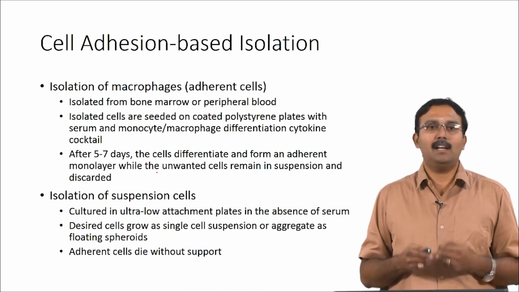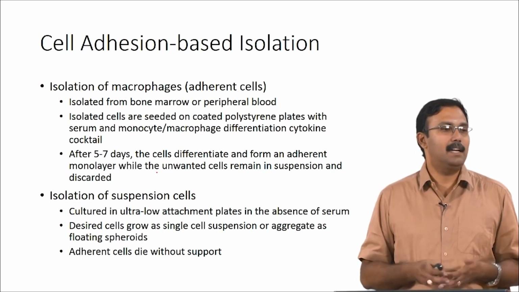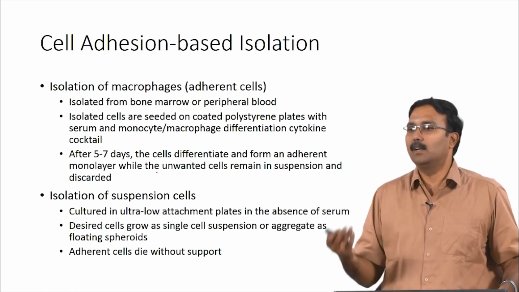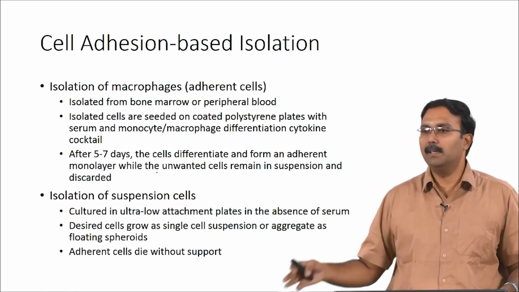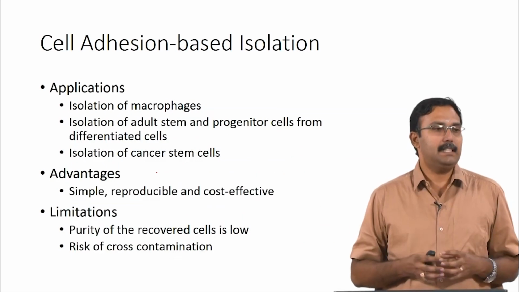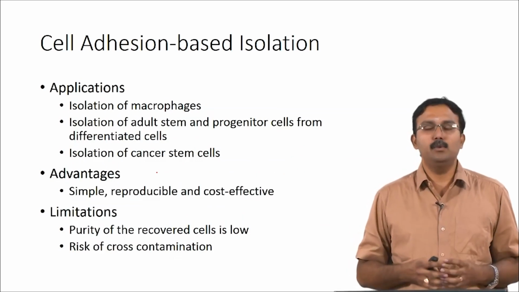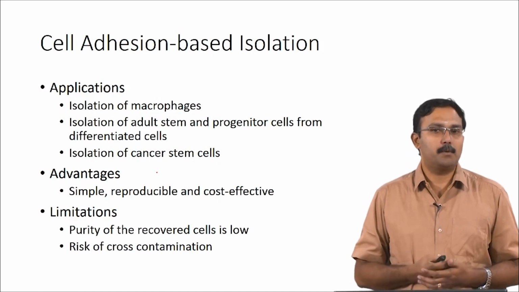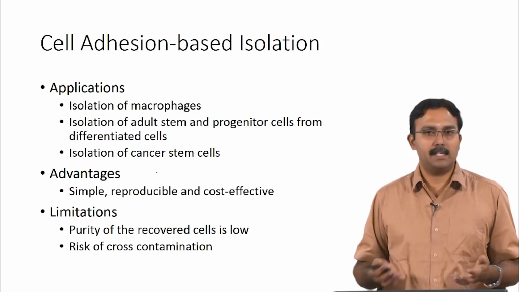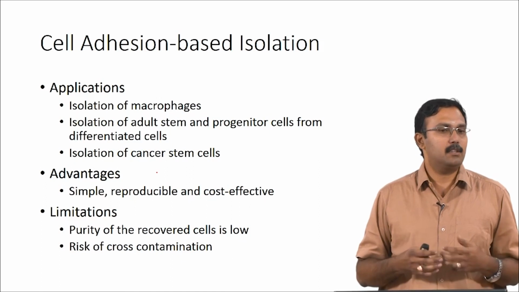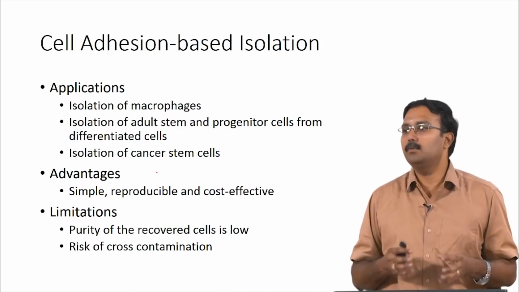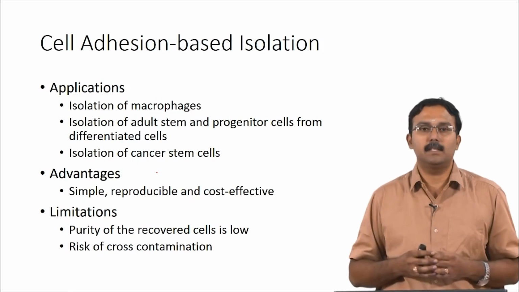Other cells will not have any place to adhere and they will die. So, you will get only the suspension cells, all the adherent cells would have been killed off. This technique is specifically used for isolation of macrophages and adult stem cells and progenitor cells from differentiated cells, and for isolation of cancer stem cells. Okay, so for these applications people have used cell adhesion based isolation.